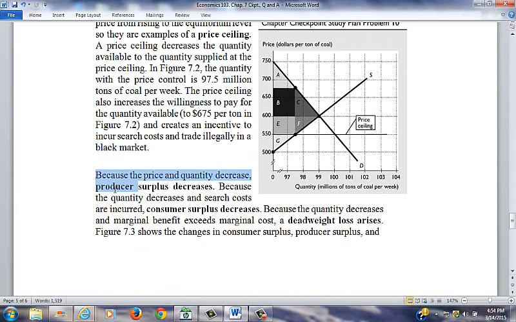Because the price and quantity decrease, producer surplus decreases. Because the quantity decreases and search costs are incurred, consumer surplus decreases.